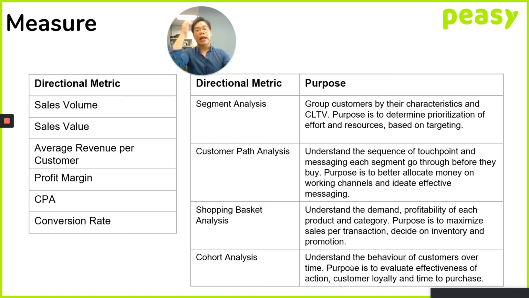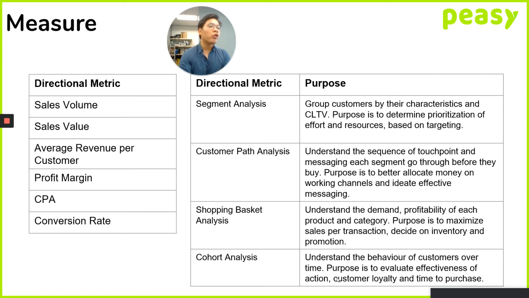Next is called customer path analysis. What customer path analysis does is understand how a customer moved from point A to point B. Point A being the start of the relationship, point B being purchase. If you recall earlier in our previous lesson, we were talking about every touch point costing $1, right?